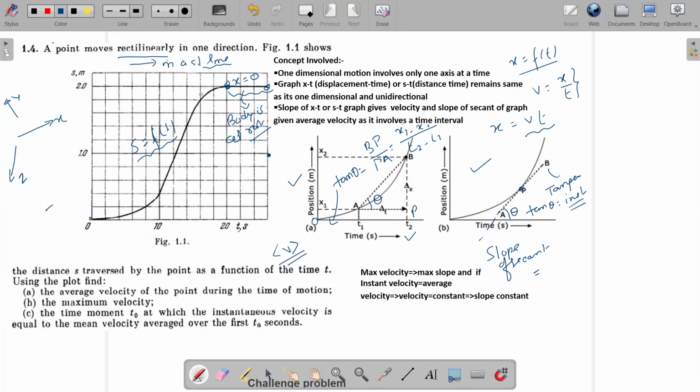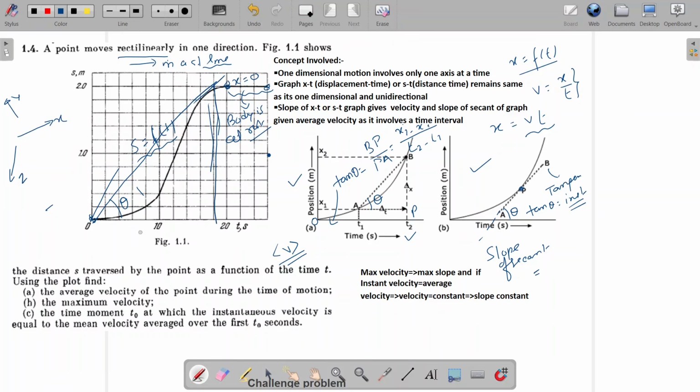So what do you need to find out? The average velocity. We just have to draw a secant between 0 to 20. Okay, sorry, it is not touching. So this is the slope. This tan theta can be written as from here to here.